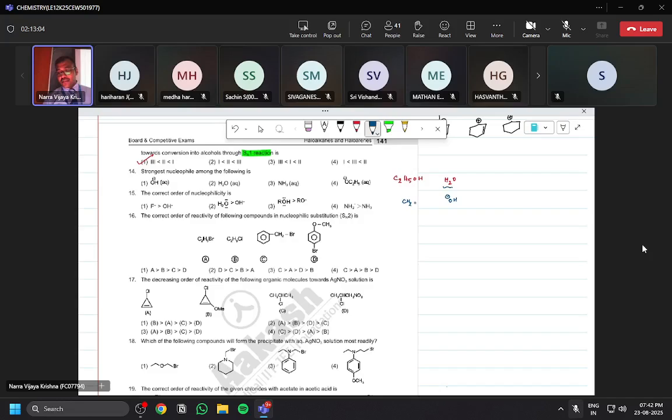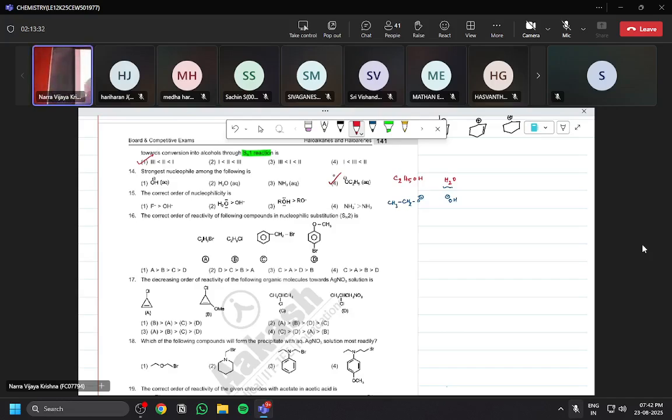Then CH3CH2 minus. Weak bases are poor nucleophiles. So which is the better nucleophile now? This must be the better nucleophile. Response, sir. Correct or not?